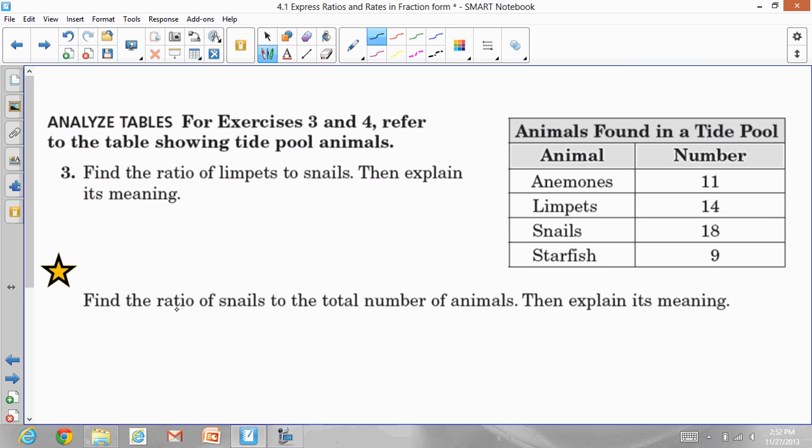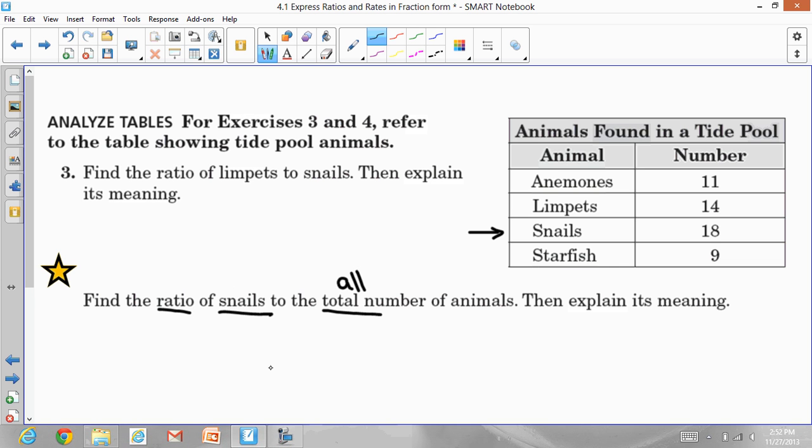Now, focus on the question that has been marked. The question is asking you, write the ratio of the snails to the total. Total means all, everything. Let's focus on animals found in a tide pool, and we are focusing on snails. Snails is 18.